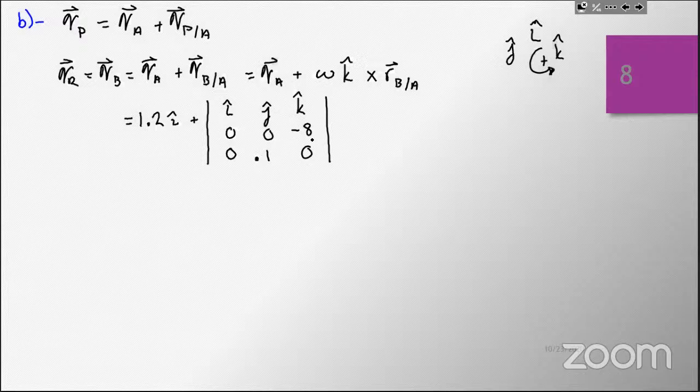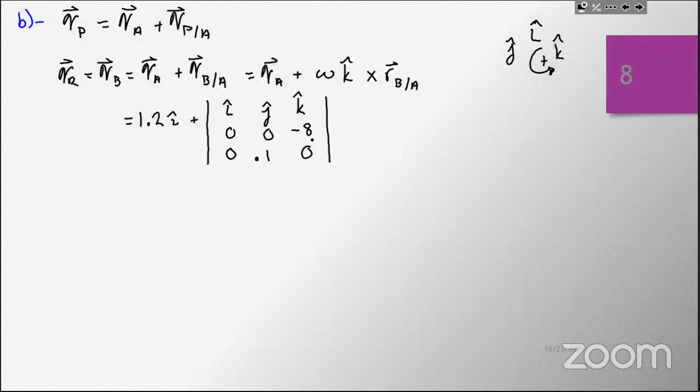So write that as 0 times 0 minus 0 times -8, which is 0. And that's going to be in the J, right? Except that it's I cross K. I cross K goes in the opposite direction of my circle, so that makes it negative. So we're going to subtract it. Not that it matters for this one, but later, that term might not be 0, and it could matter.